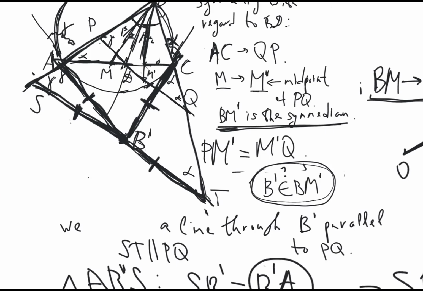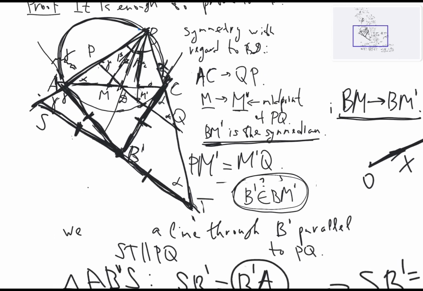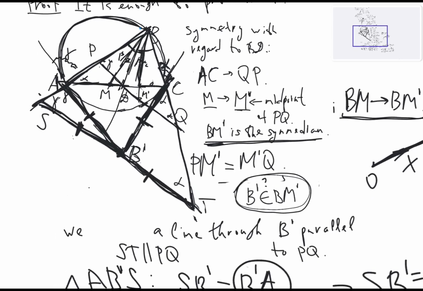And because they're two parallel lines, there is a homothety with center B. B is this point.